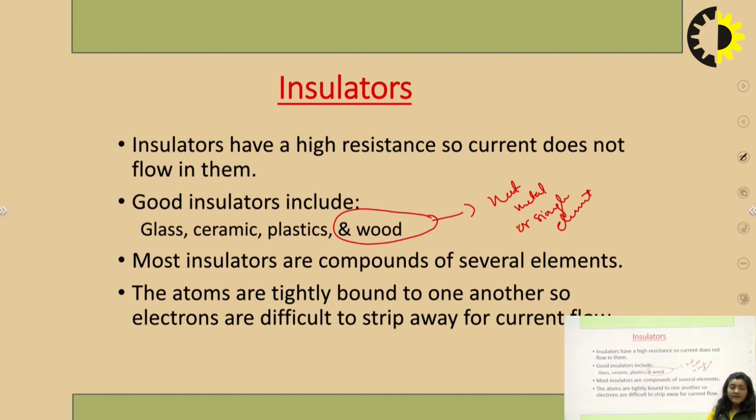Because until and unless the atomic bonding between the atoms has been broken, you cannot get a free electron. And whenever you cannot get free electrons, the flow of current will not be allowed. So insulators have very high resistance to the current flow through them.